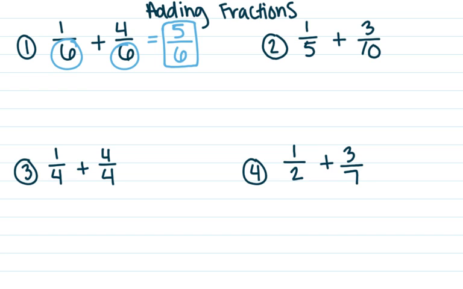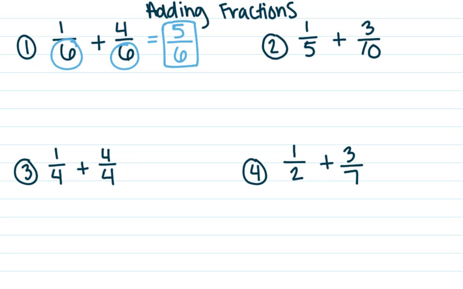Now, they're not always that easy. What if the denominators don't match? Take a look at number 2. We have 1/5 + 3/10. They're not the same size pieces. You have 5ths, which are a slightly bigger piece, and 10ths, which are a slightly smaller piece. In order to add these two fractions together, we have to make them the same size pieces.